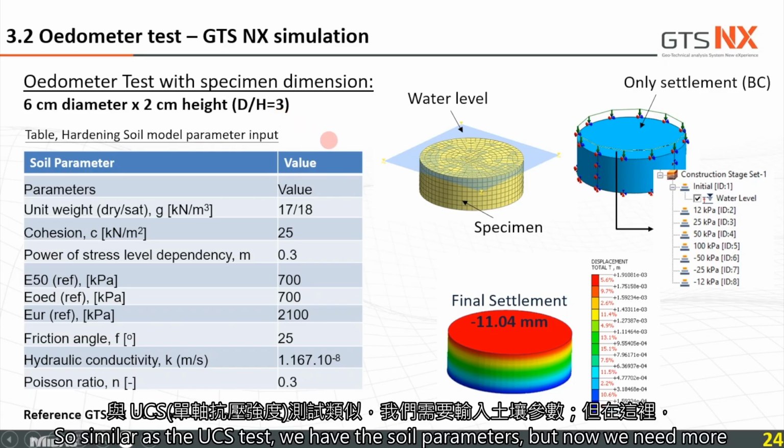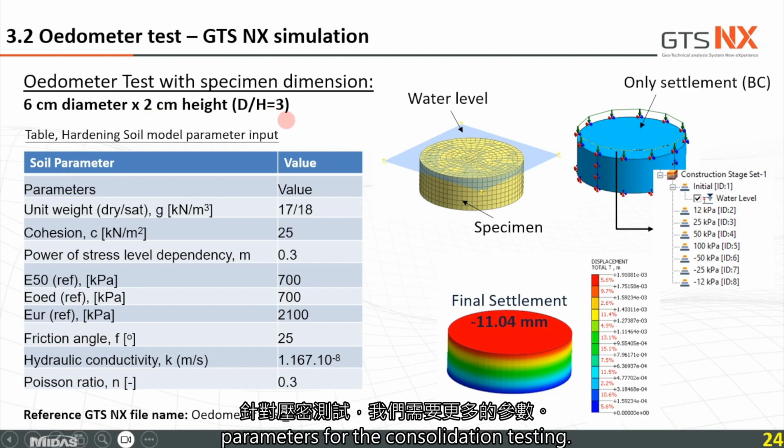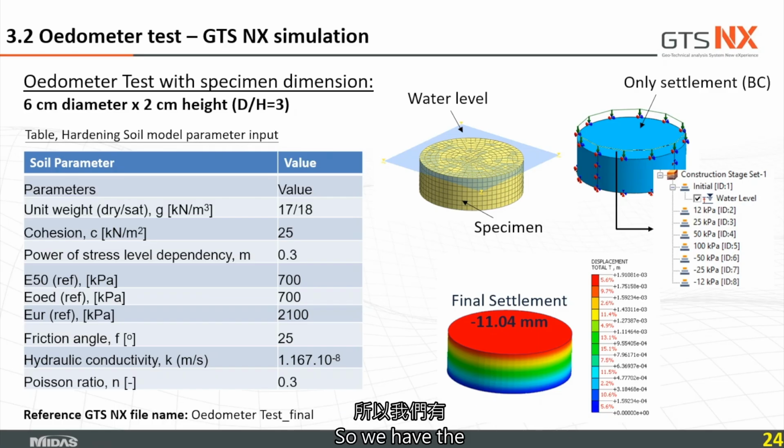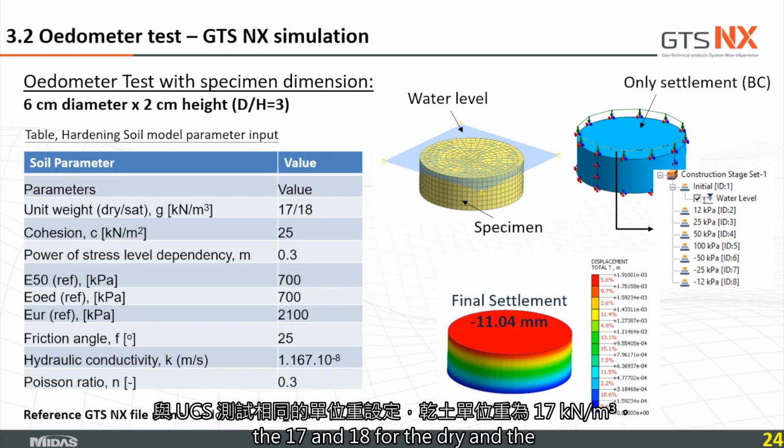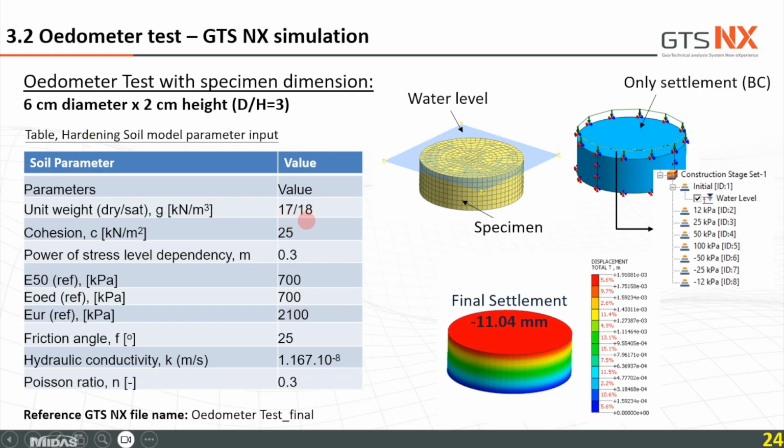So similar to the UCS test, we have the soil parameters, but now we need more parameters for the consolidation testing. We have the unit weights: 17 and 18 for the dry and the saturated unit weight.